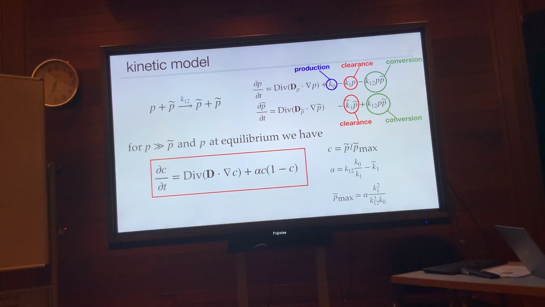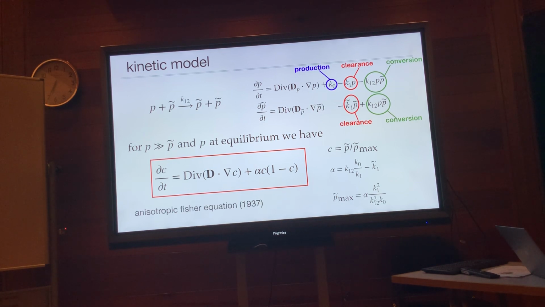Now it's rescaled, rewritten in a mathematical way so that C goes from 0 to 1. 0, no toxic protein, 1, the maximum amount. So it has a production term and then a negative term, minus C squared. If you look, it has only one parameter, which is very good because it's very hard to validate any of these. So if you've done any mathematical biology, you certainly have come across an equation like that or very similar.